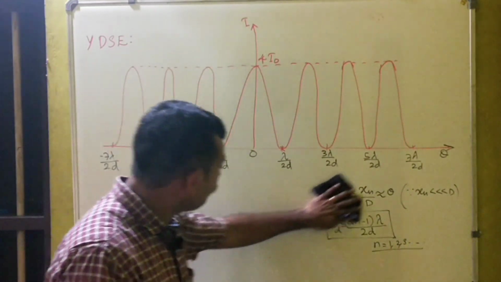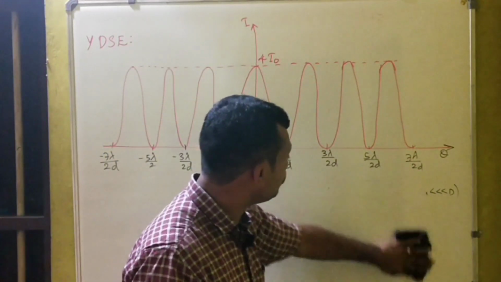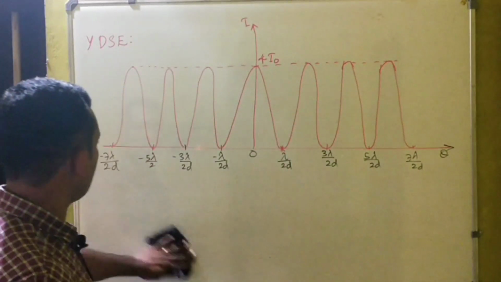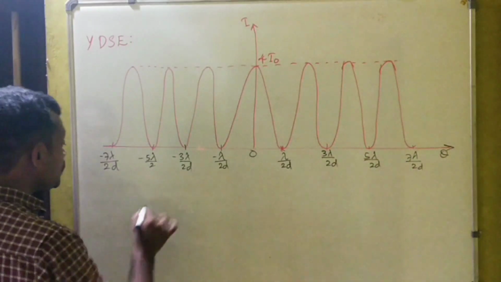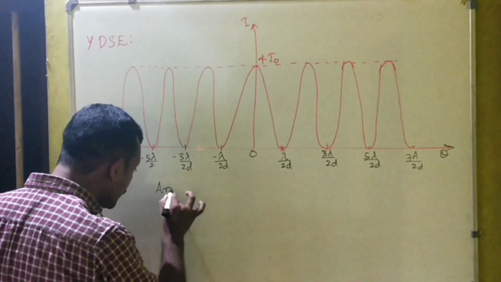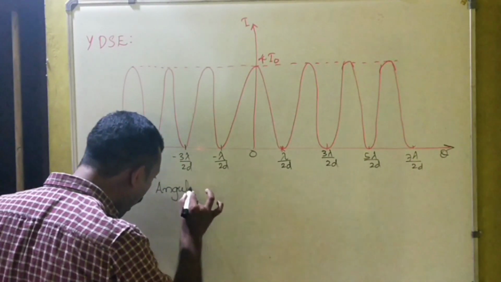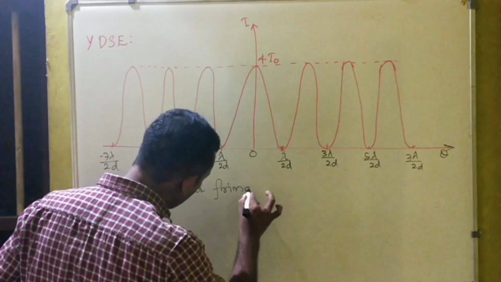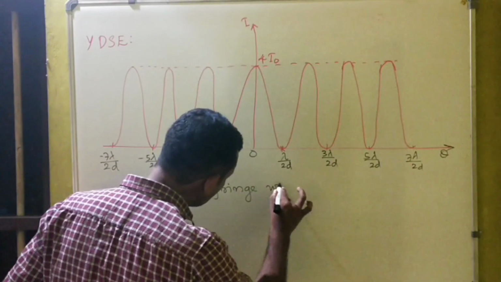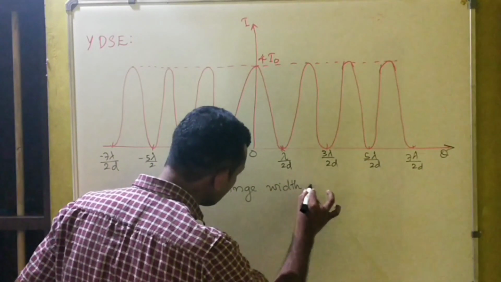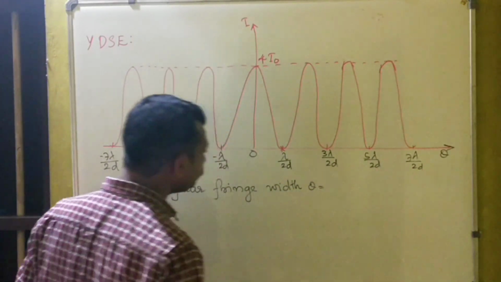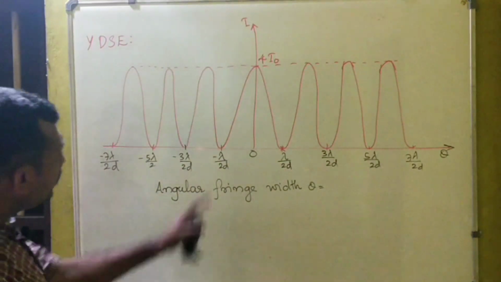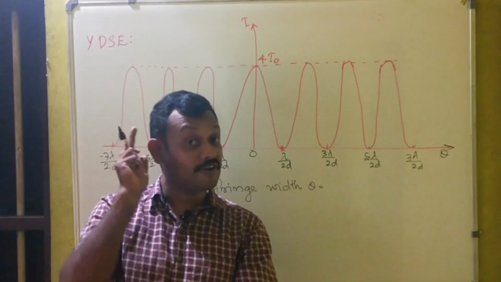Now from here, one more thing we can easily find out just by looking at this equation. What I am going to get is the angular fringe width. So what will be the expression for angular fringe width? Angular fringe width theta is the distance between consecutive dark bands.